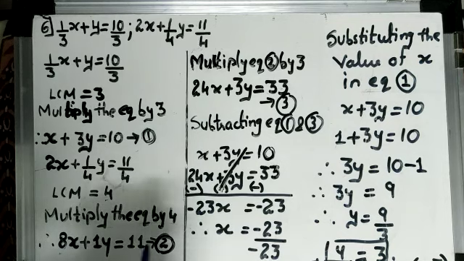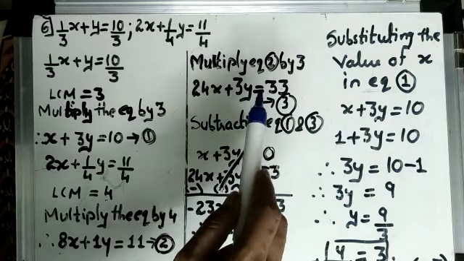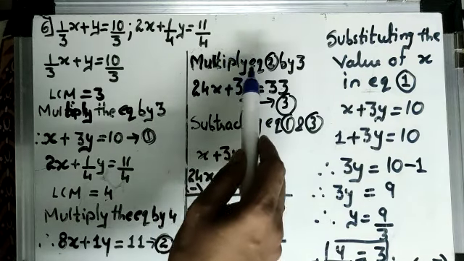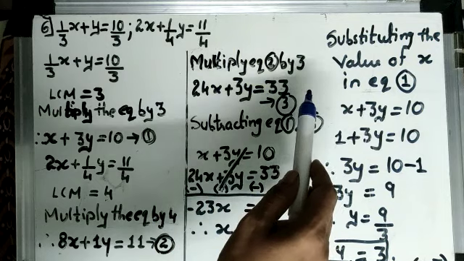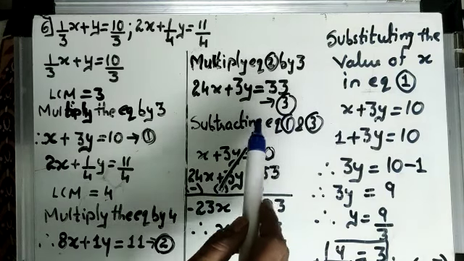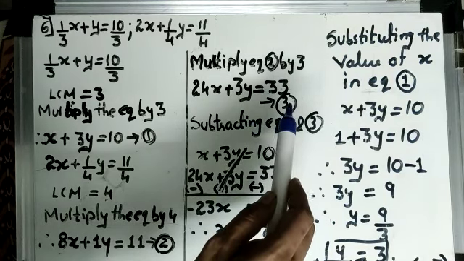This is my equation number 2, so I multiply equation 2 by 3. 8 multiplied by 3 gives 24, 1 multiplied by 3 gives 3y, and 11 multiplied by 3 gives 33. That will be my equation number 3.